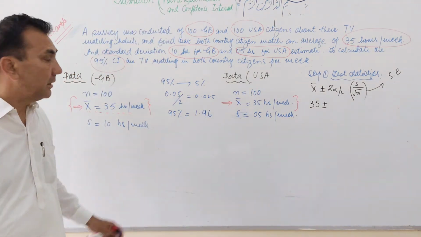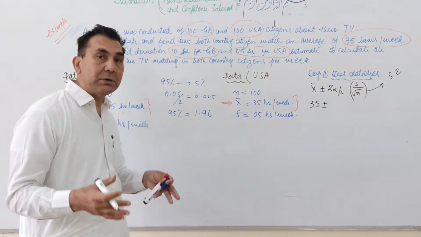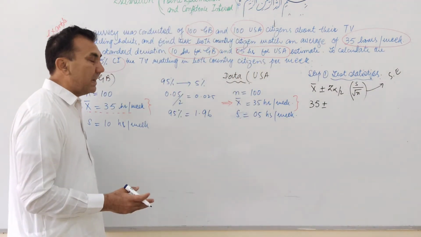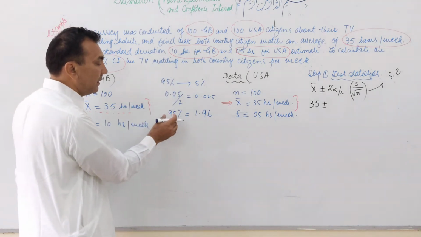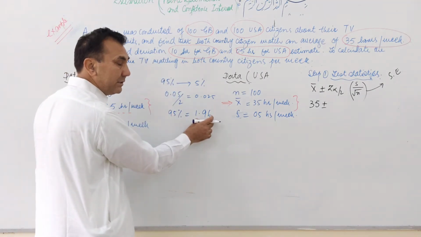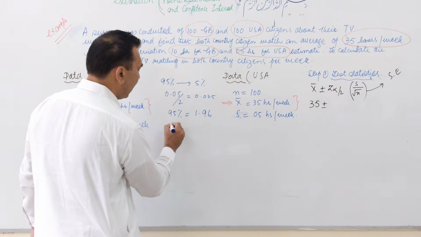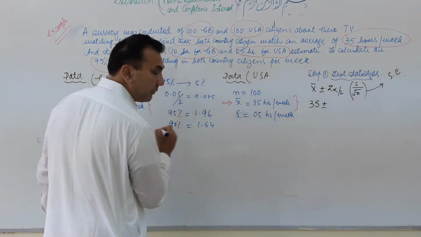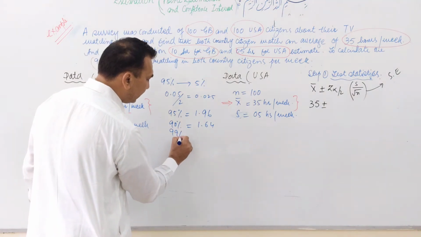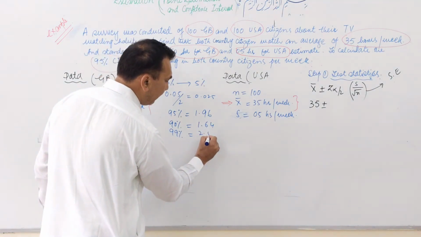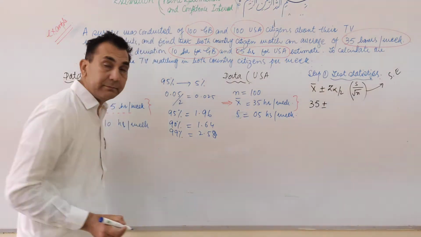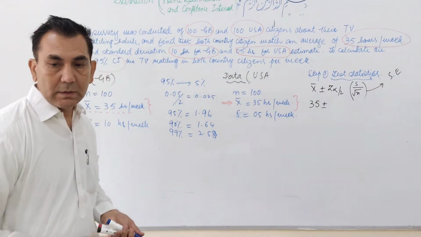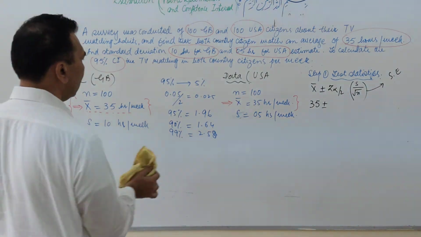Just keep in mind that we learned in the initial lectures that for 95% the z score is 1.96, for 90% it is 1.64, and for 99% it is 2.57 or 2.58. So you should keep it in your mind.